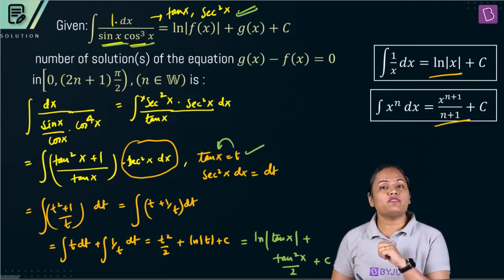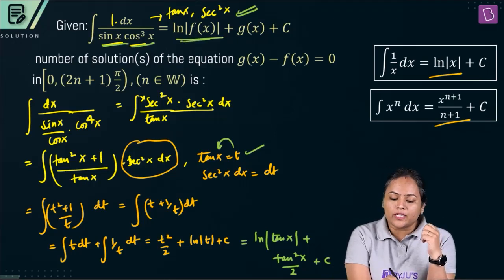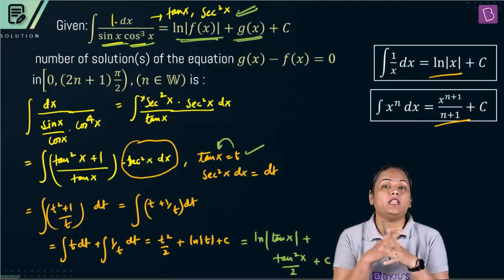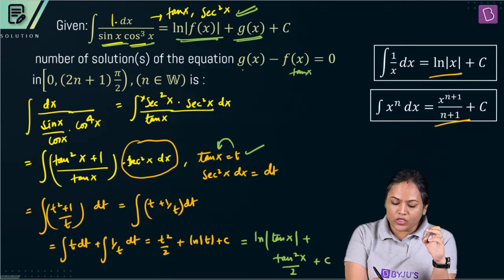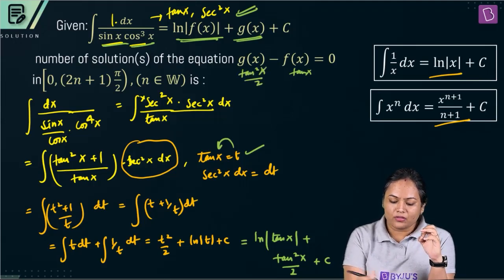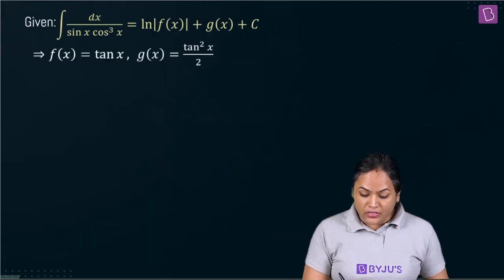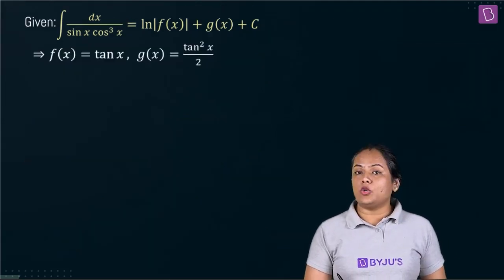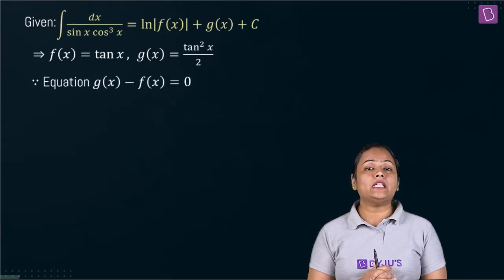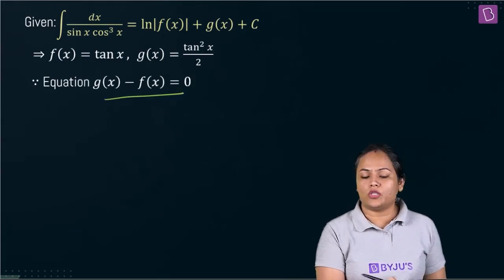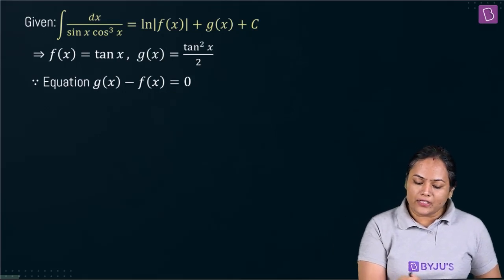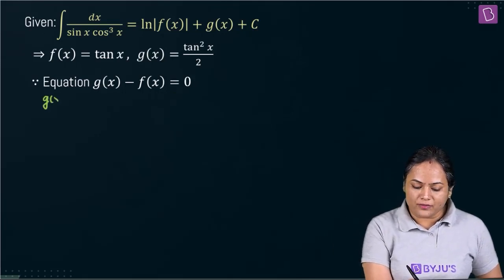So now, since we have got the answer, when I compare it with what they have given in the question, I can say that my f(x) is ln mod tan x and my g(x) is tan square x by 2. Right? So therefore, f(x) and g(x) are known to us, and we have to find the solution of g(x) minus f(x) equal to 0. Or let me write it as g(x) is equal to f(x).